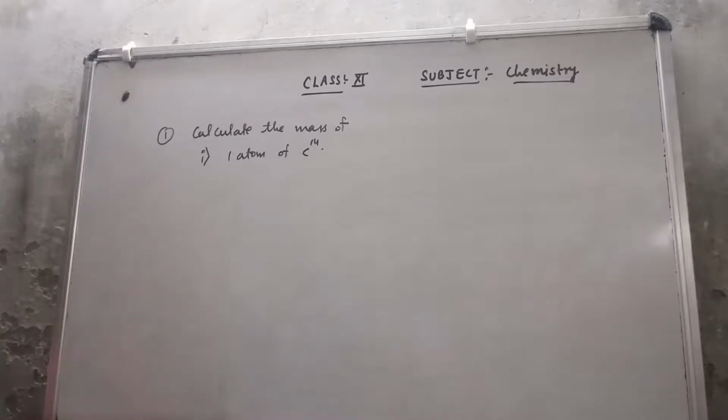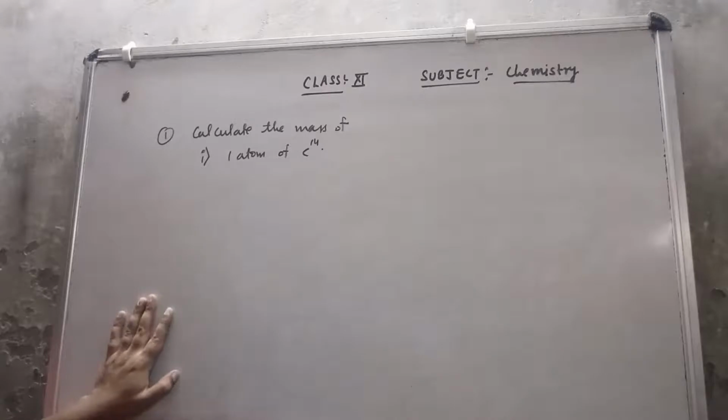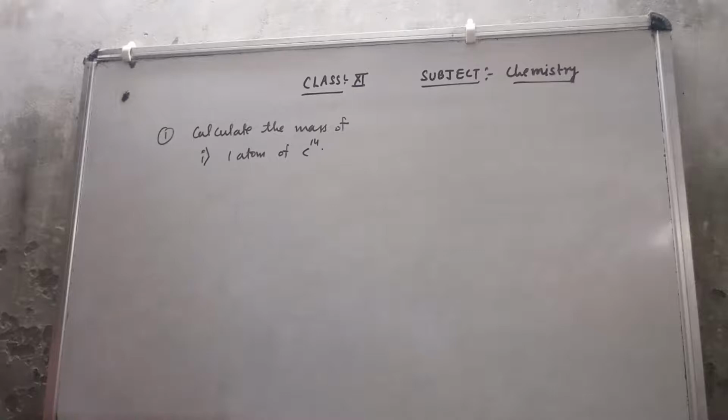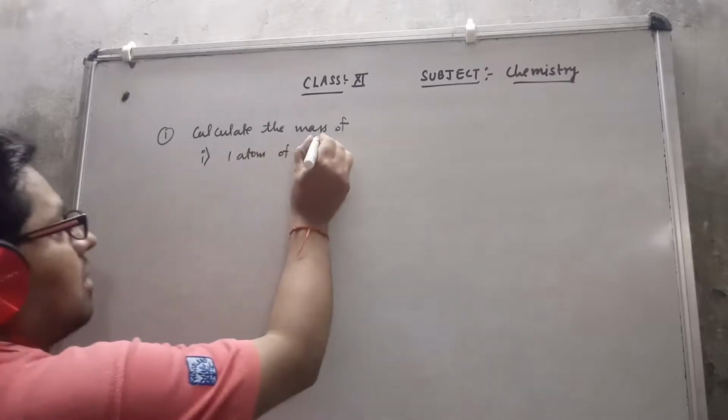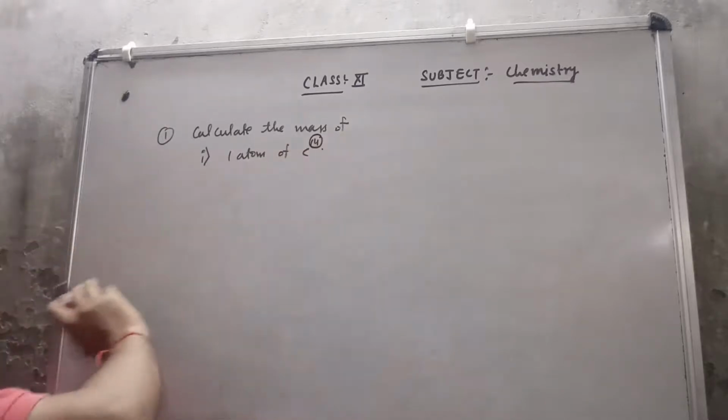Before that I made one chart of how I want to convert it. So it is a very simple thing. I know that this is the atomic mass of carbon.